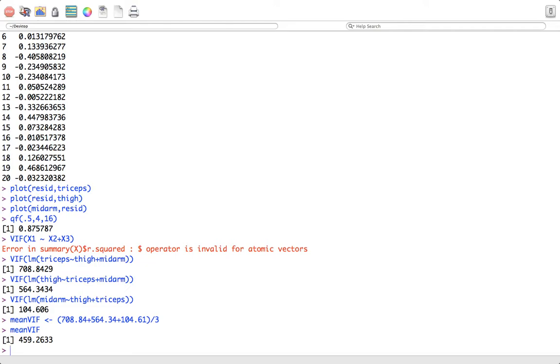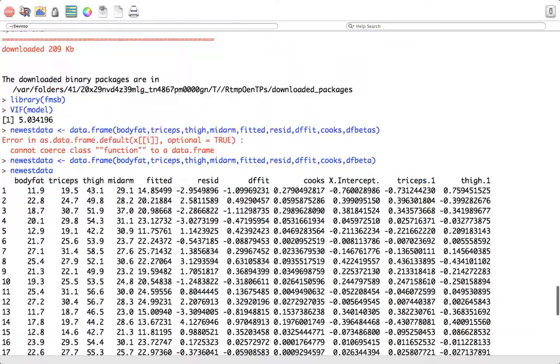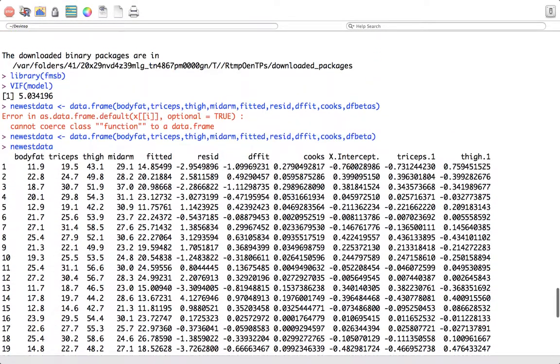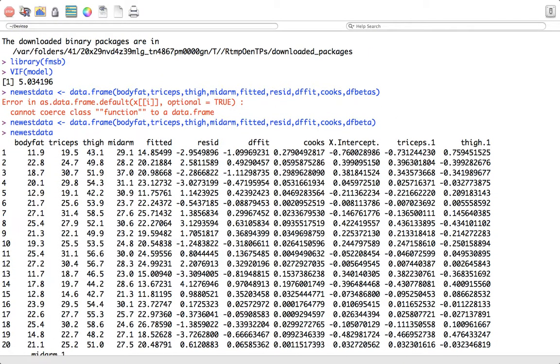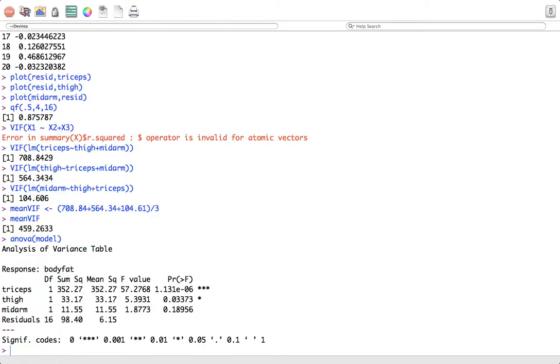Yeah, this is insane. This is saying that the sum of squares error of our model is inflated almost 460 times what it would be if we had perfectly uncorrelated predictor variables. I've got to just run the ANOVA model just to see. So our sum of squares error is 98.40.